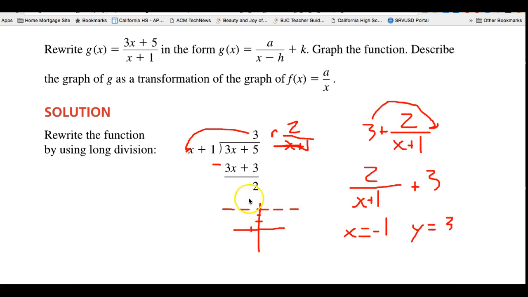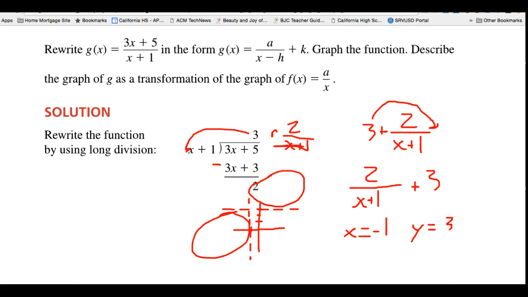To plot this, we need to pick points to the left, so -2, -3, -4, and then points to the right, so x equals 0, 1, 2, and 3. And we'll get our two branches of the function.